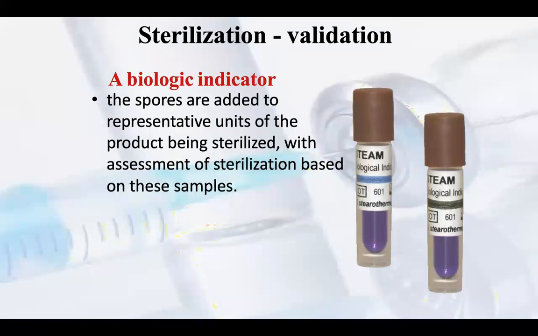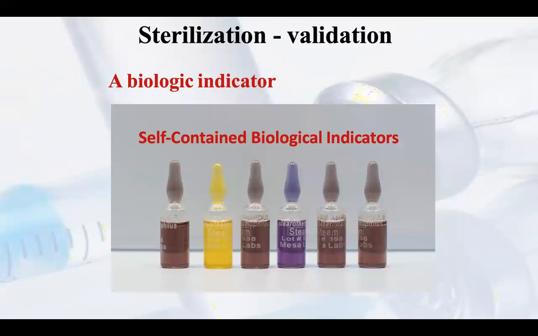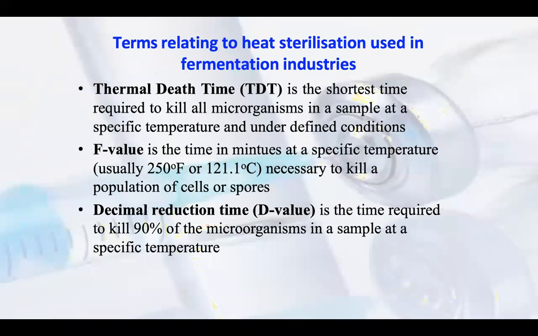The spores are added to representative units of the products being sterilized, with assessment of sterilization based on these samples. Self-contained biological indicators are the different types of indicators used during the sterility test.